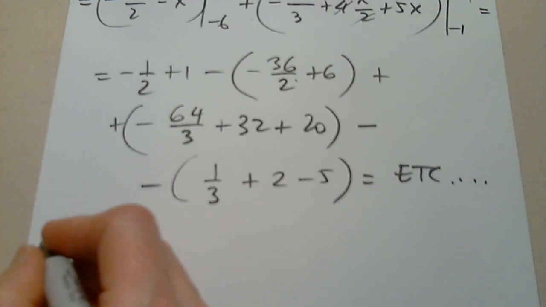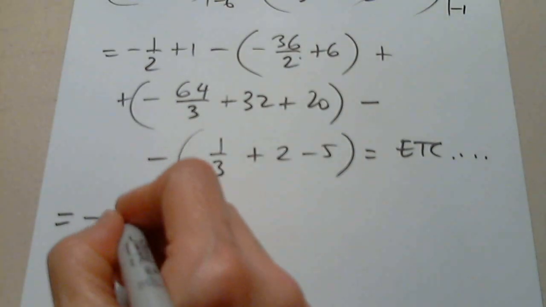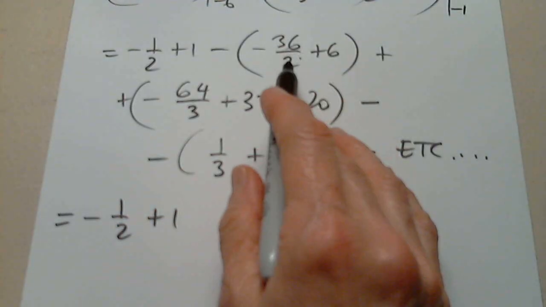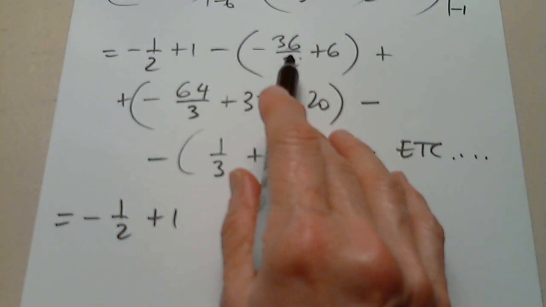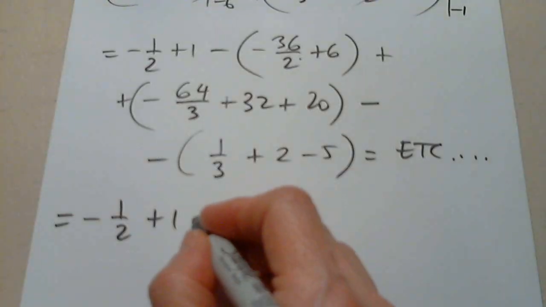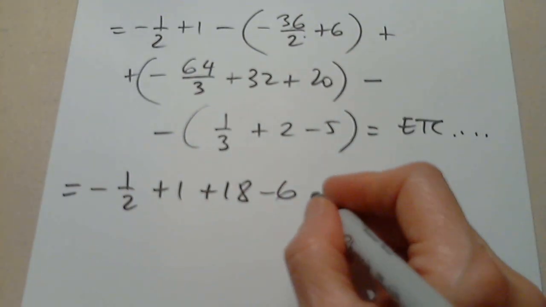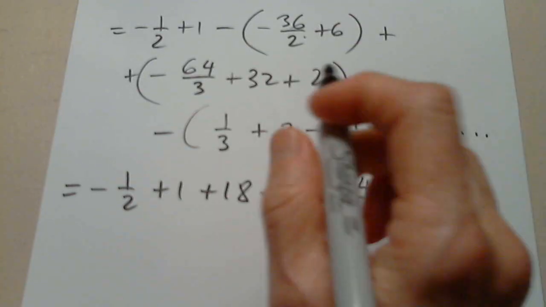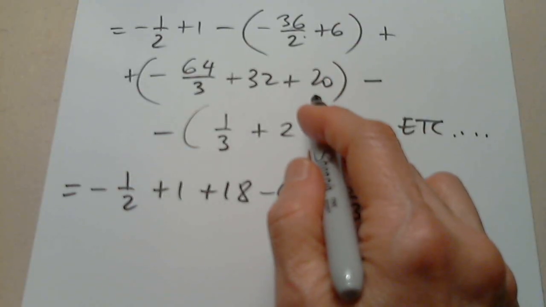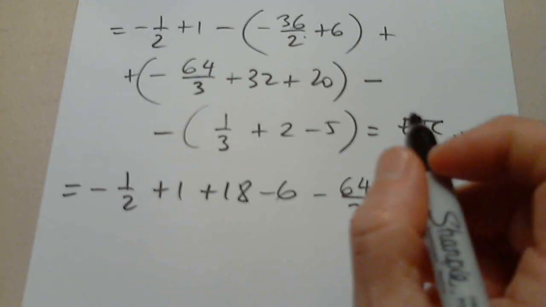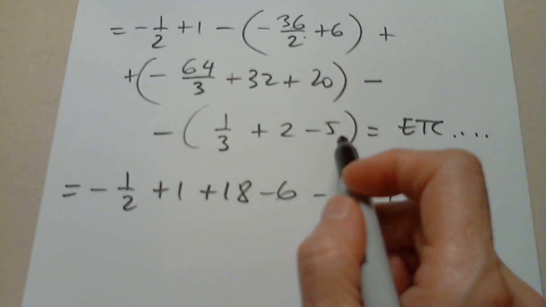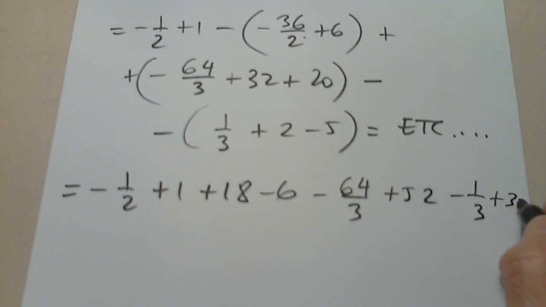Yes, perfect. Okay, so negative 1/2 plus 1. This is negative 18 with minus in front, and this is minus 6. Minus 64 over 3, and then is 52. Minus 1/3, and this is negative 3, so plus 3.